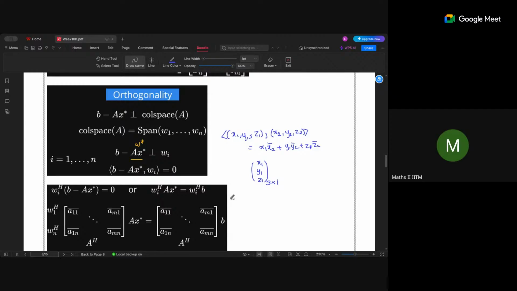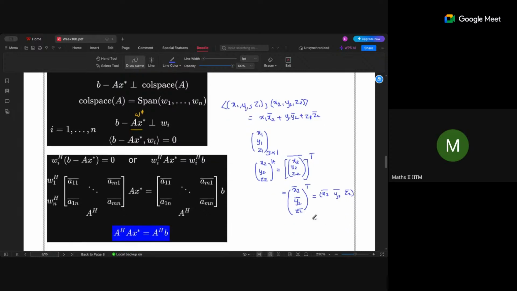Now, if we are writing them for general Fn, remember there is a conjugate. What is the conjugate transpose of the second vector x2, y2, z2? The conjugate transpose is given by H. So it means x2, y2, z2 whole bar, and then a transpose. You get x2 bar, y2 bar, z2 bar, and when you do the transpose, the column becomes a row.